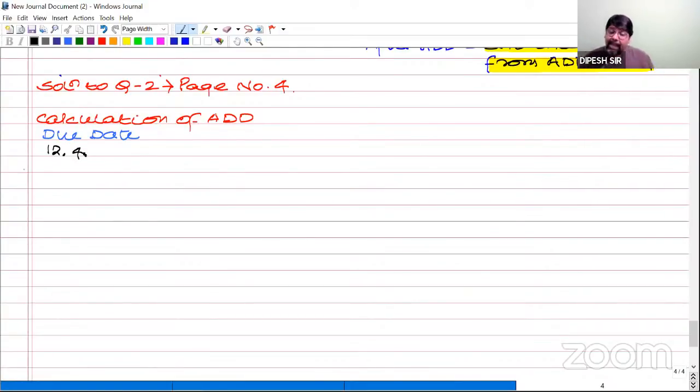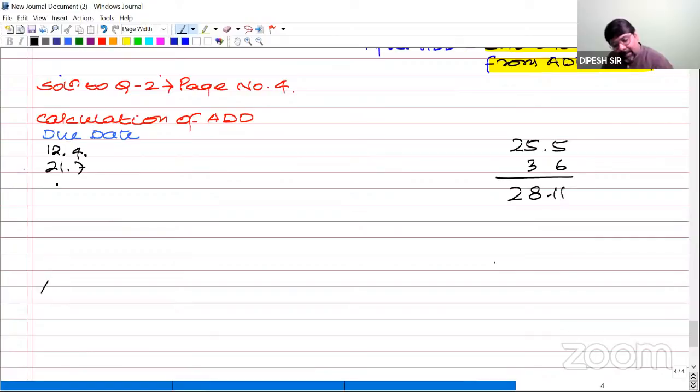Yes. 18th of April, for how many months? 3 months, 3 days. That becomes 21/7. Thereafter, Charted, it is 25th May. For how many months? 6 months and 3 days of grace. So 28/11.